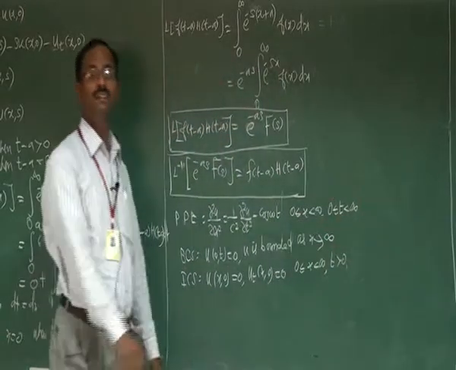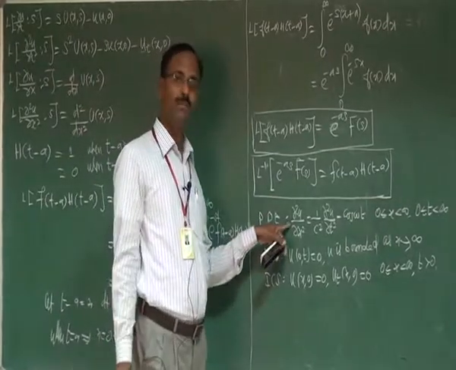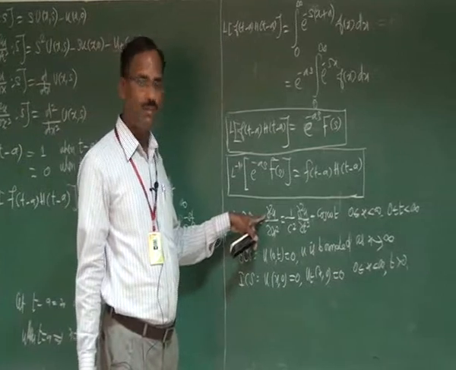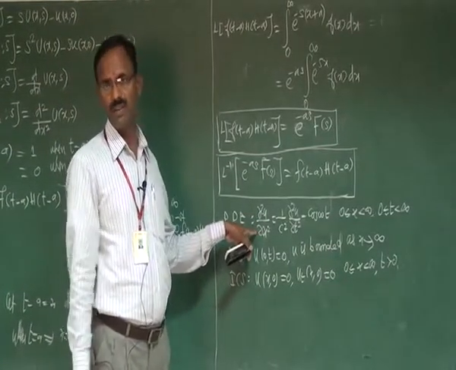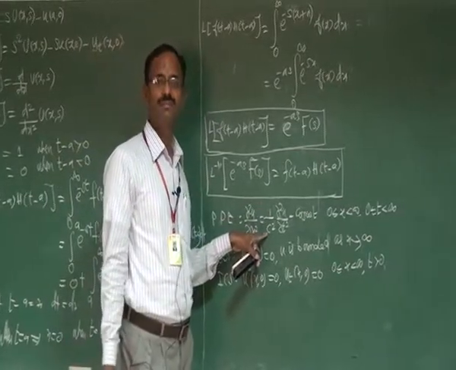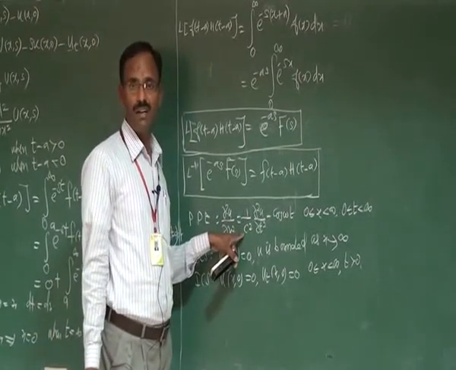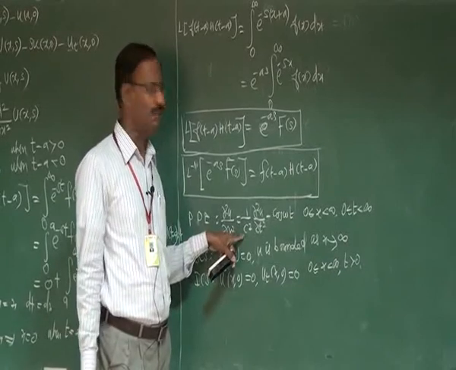Here t is positive. So this is our partial differential equation. Any partial differential equation of this nature is known as a one-dimensional wave equation. Here 1 by c square is a constant, that constant equals T by m, where T is called the tension and m is called the mass per unit length.